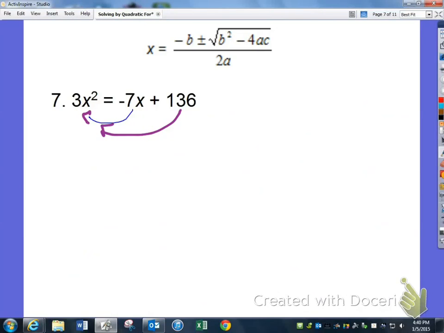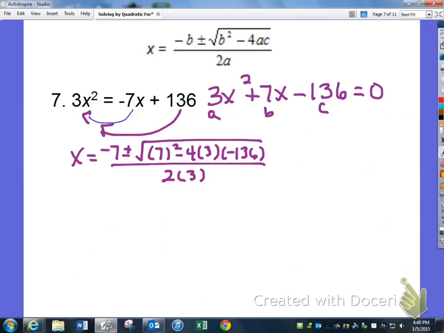When you move them to the other side, they always become the opposite of what they were. So this is now going to become 3x squared plus 7x minus 136 equals 0. If you move everything away from the right side, you have 0 left over there. So my a is 3, b is 7, and c is -136. Let's plug those numbers into our quadratic equation.